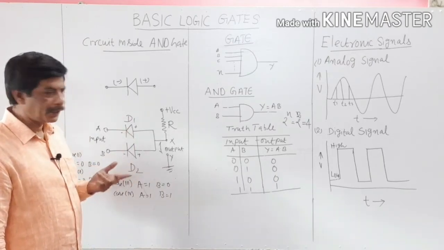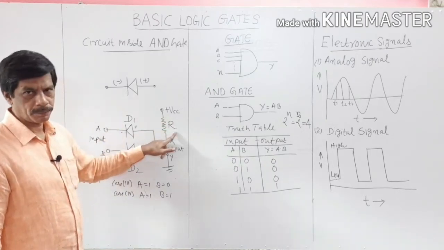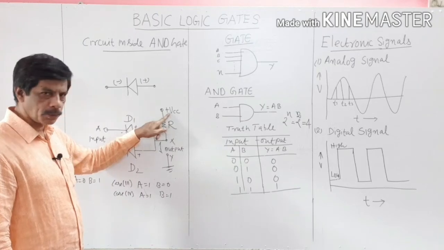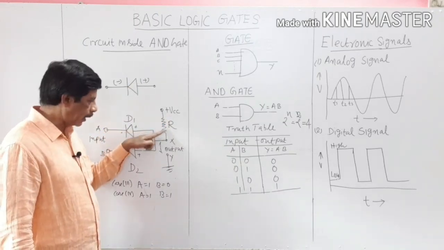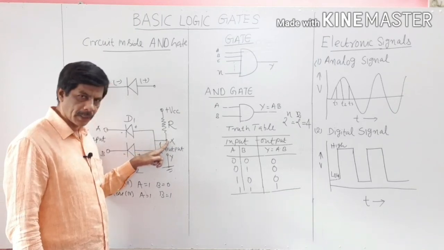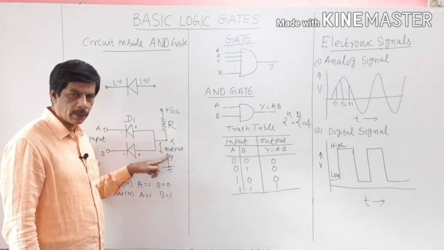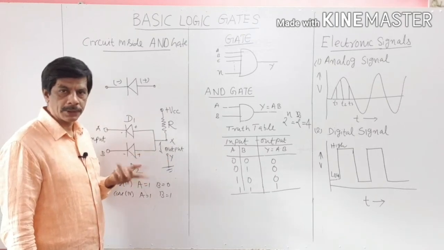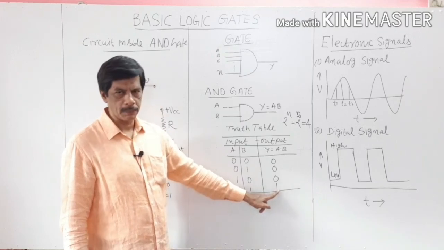So no current generation in the circuit, no drop across capital R. The applied plus VCC voltage easily passes through the resistor and appears at the point capital X. When you measure voltage between capital X and capital Y, you get high voltage. That is logic 1, which shows the last row of the truth table.